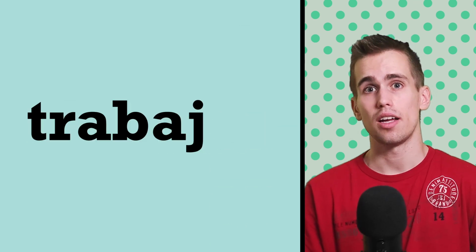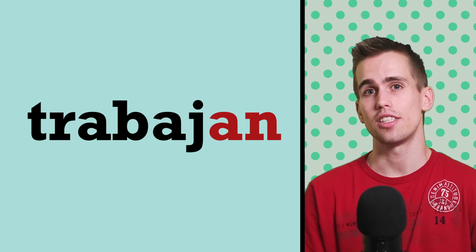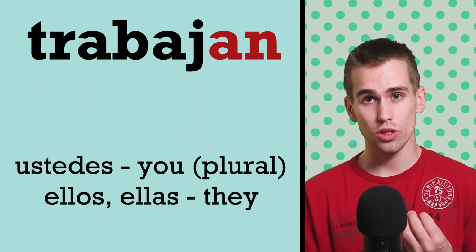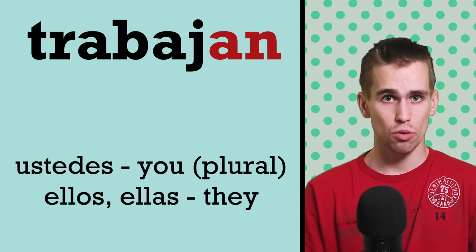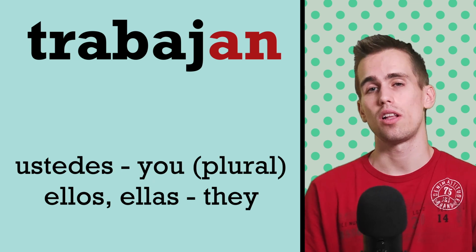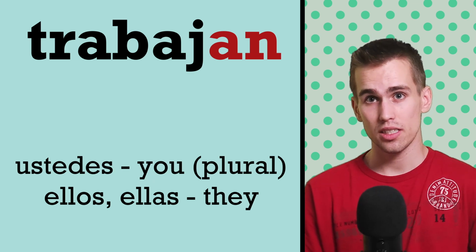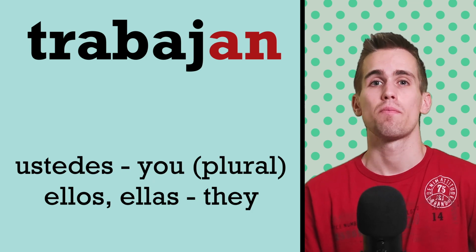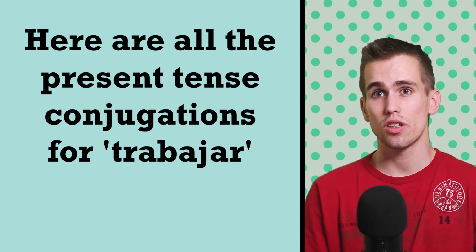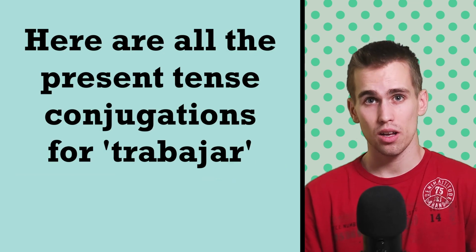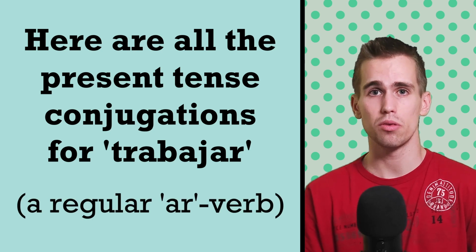Removing the AR and adding AN is the way to conjugate verbs for ustedes, meaning you plural, as well as for ellos and ellas, meaning they. Here are all the present tense conjugations for trabajar, which is a regular AR verb.